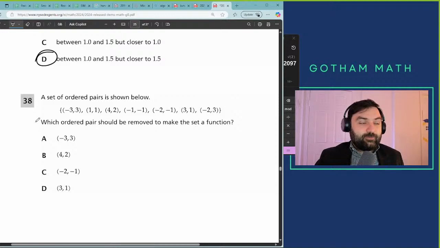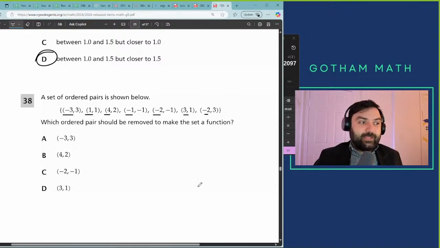So in order for a set of numbers to be a function, the x values cannot be repeated. So let's see. We have negative 3, 1, 4, negative 1, negative 2, 3, and negative 2. Something is repeated. What's repeated?